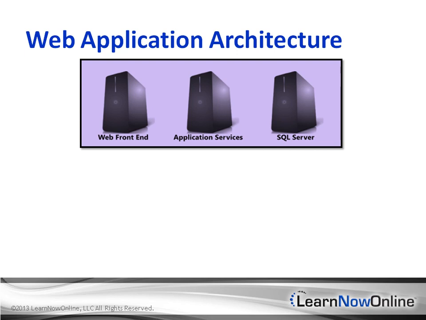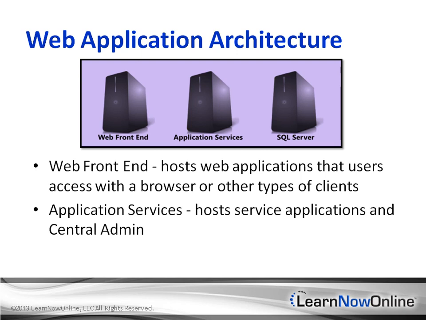The web front end is where the actual web applications get hosted. So when you click on a website in your browser and browse to a site, you're actually going to one of those web front ends. And the application servers, again, you could have more than one of those. So for example, if you have some large jobs that need to be run, you could run them on your application server.